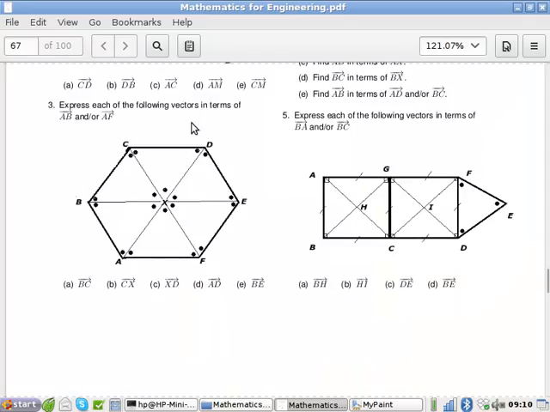This one. Let's have a look. Yeah. Okay, let me just roughly draw it.